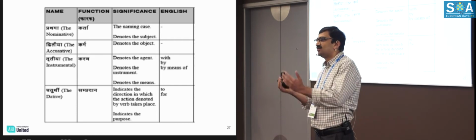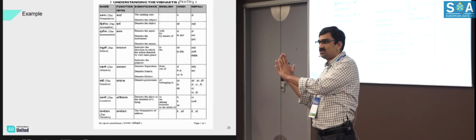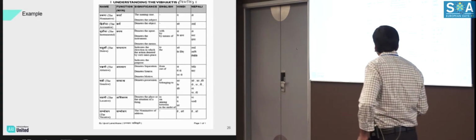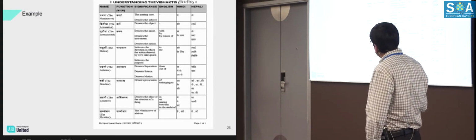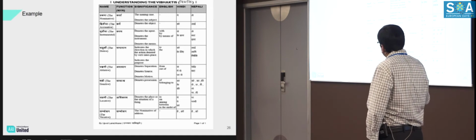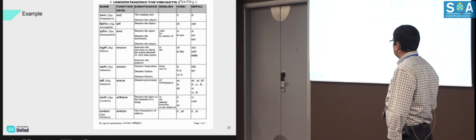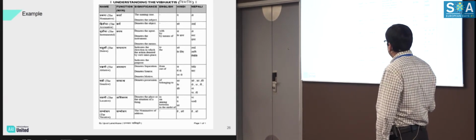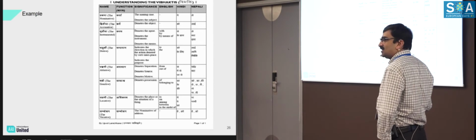So now you're not only thinking of two immediate things, the subject and the object, but you're also looking into more details of how this is being done, using what it is being done, for whom or on whom this is being done, what is the raw material that is being used, what is the source, what is the motive, who does it belong to, the place or the situation of the thing. Now, you're not looking at just one sentence, you're looking at it holistically. When you're writing it in a sentence, you're looking at everything associated with it.